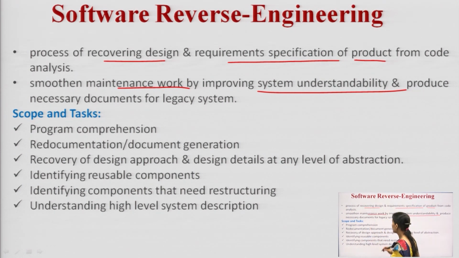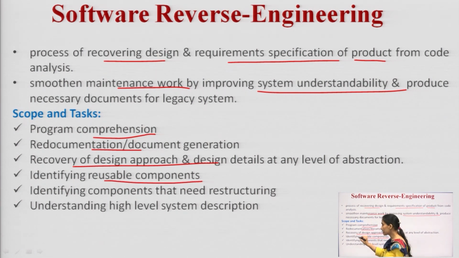For doing this reverse engineering, we require program comprehension, we want to redocument, then we want recovery of the design approach and the detailed design. Then we want to identify the reusable components, and we want to have high level system description understanding.